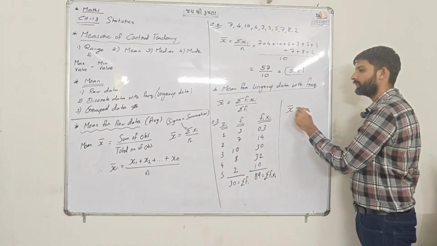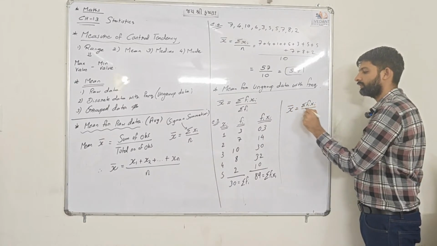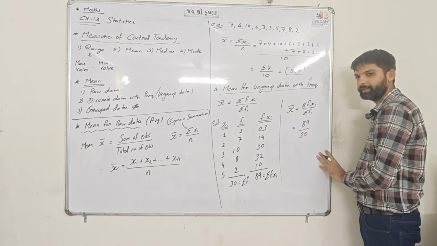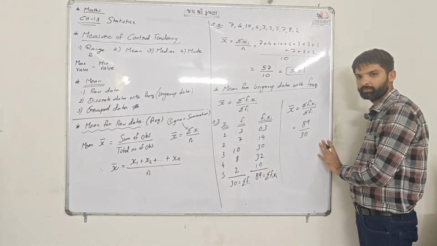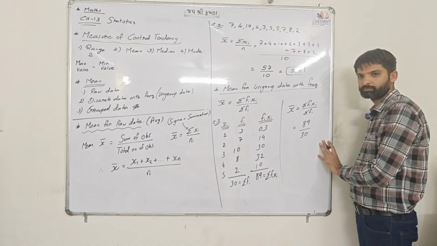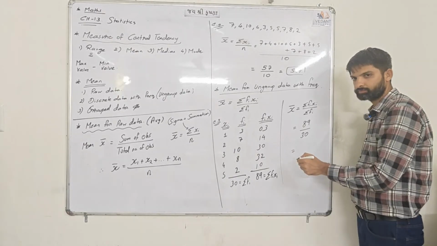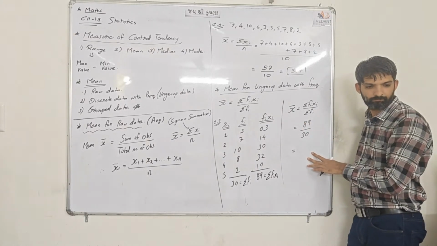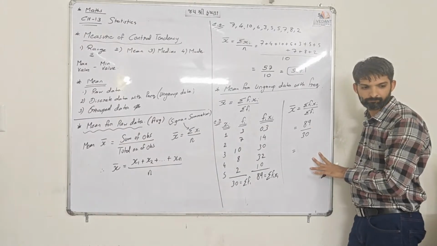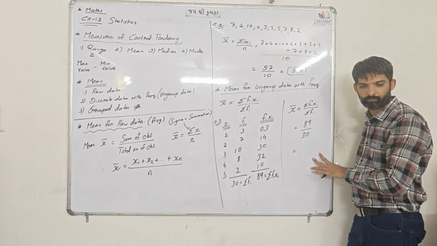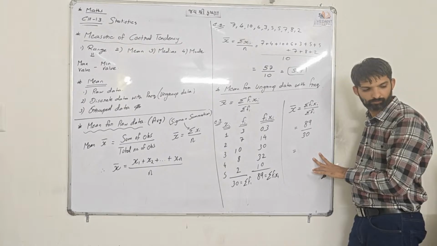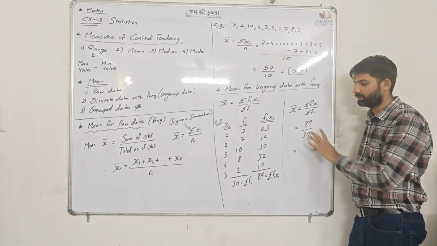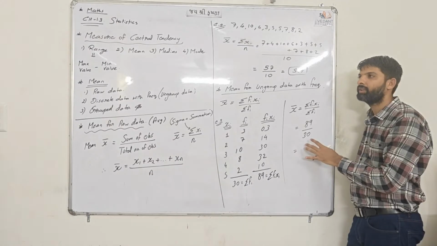So value of x bar will be equal to sigma fi xi upon sigma fi. So it is 89 upon 30. Can 89 get divided by 3? No? So what will it divide? So here it is 89. So it is, you can say 29.